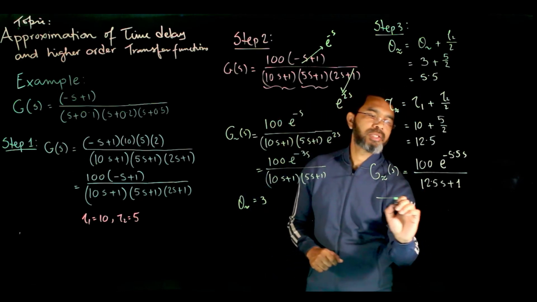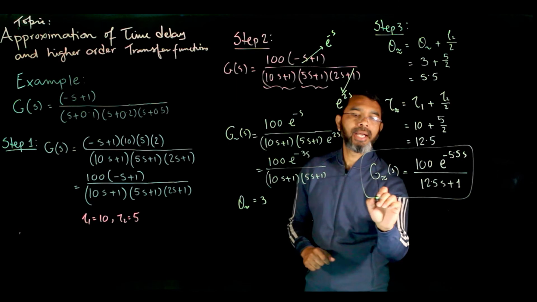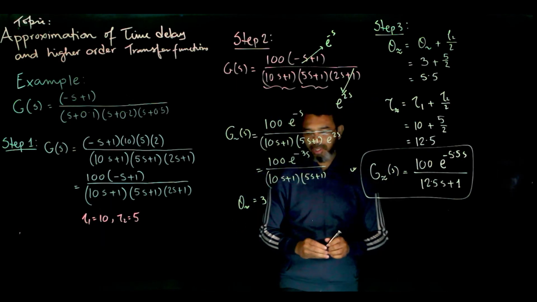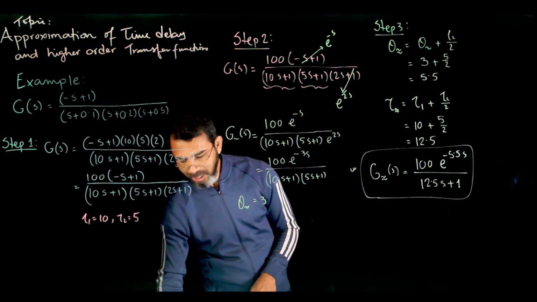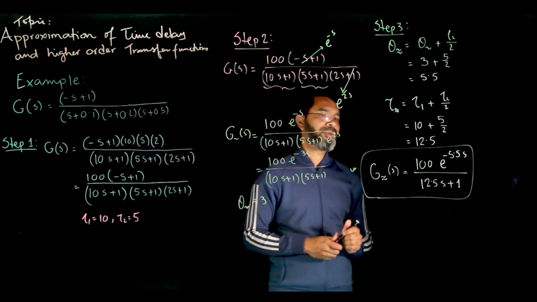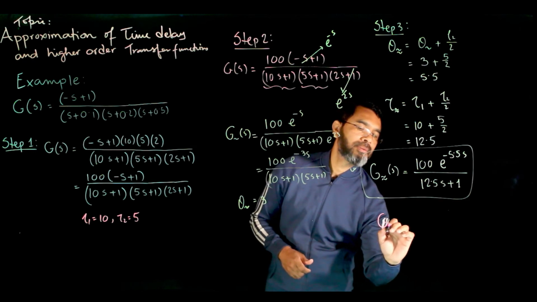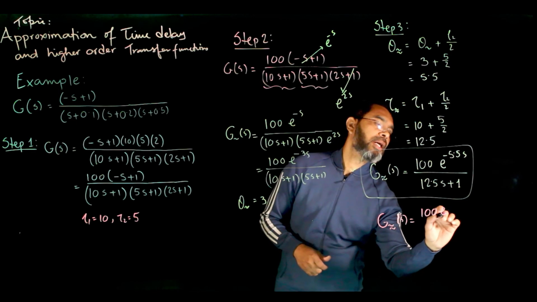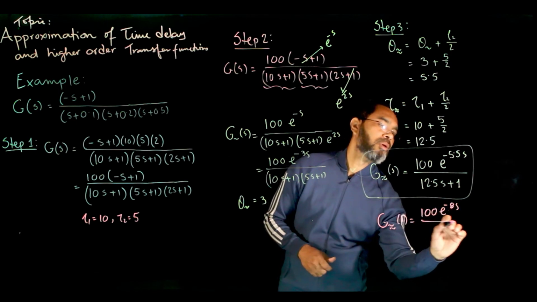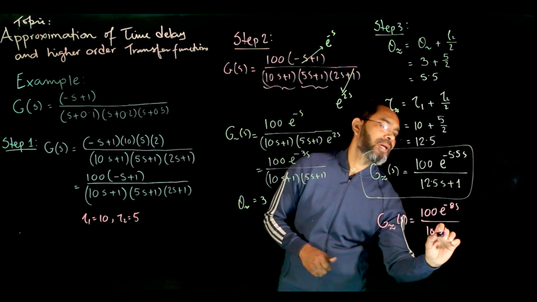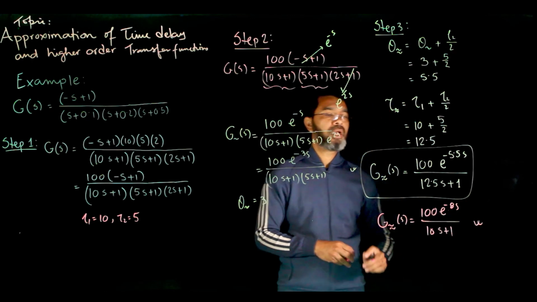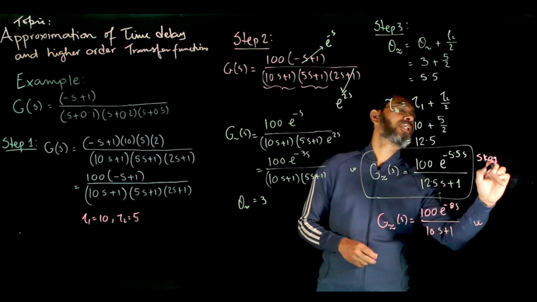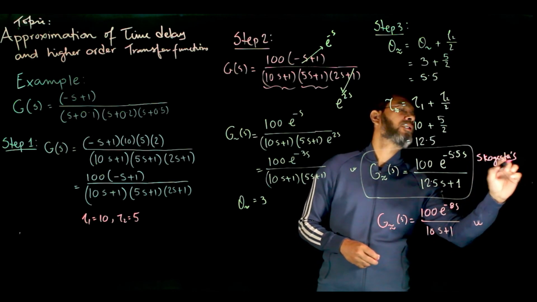So if we use the Skogestad's half rule, we end up getting a first order transfer function like this one. Do remember that if we use the Taylor series approximation, we would end up getting 100 e to the power negative 8s over 10s plus 1. So that's using only the Taylor series, and this is using the Skogestad's half rule.